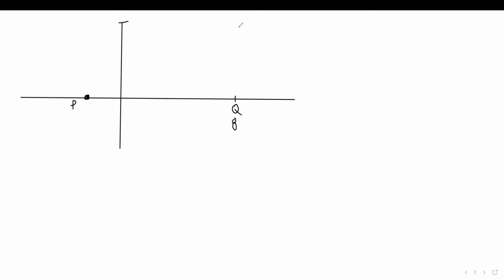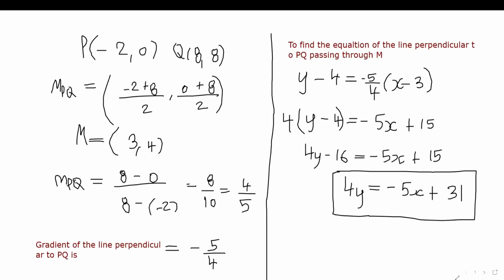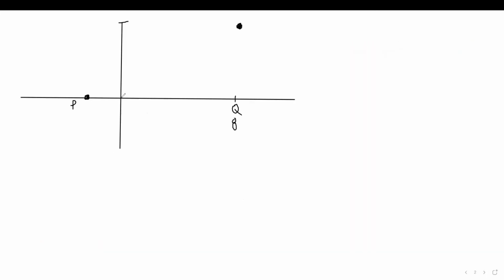So all right, I will need the circle to pass through Q being 8, 8, P being minus 2, 0, and the origin O being 0, 0. Which circle passes through all three of these points? I guess the graph won't really look that pretty.